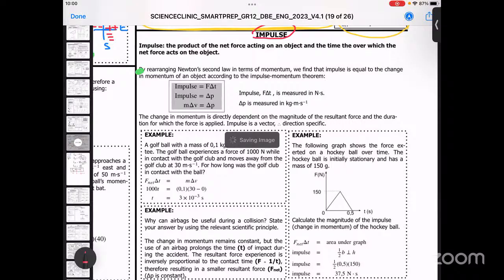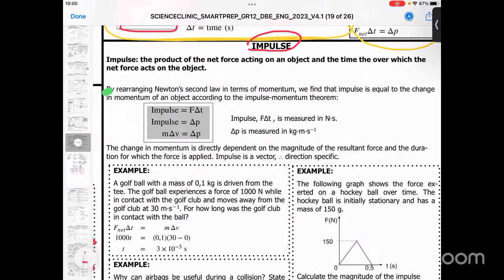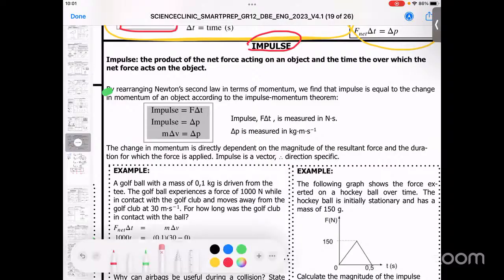Okay, so impulse is the product of the net force acting on an object and the time over which the net force acts on the object. Yes, this should definitely be the definition of an impulse.